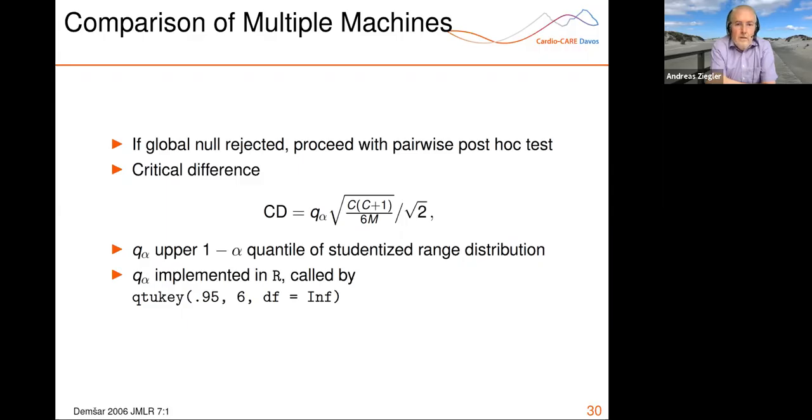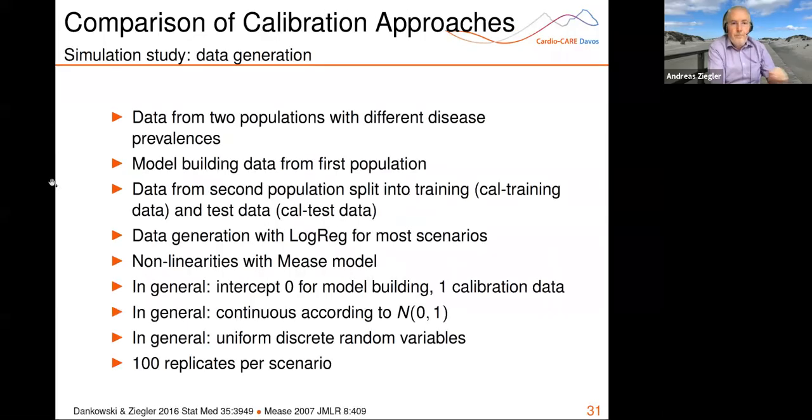And since most of the papers just deal with some kind of tables, I wanted to let you know that in R it's simply implemented. You just call qtukey, and what you need to know, and this is not stated always, is that you have to set the degrees of freedom to infinity, and then the whole procedure is working quite nicely.